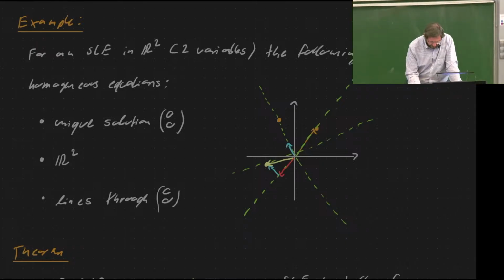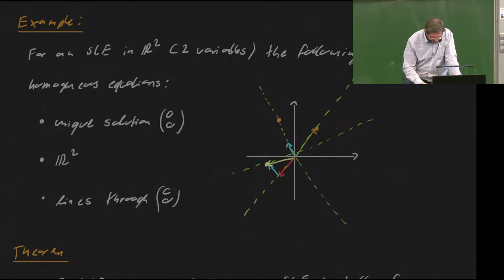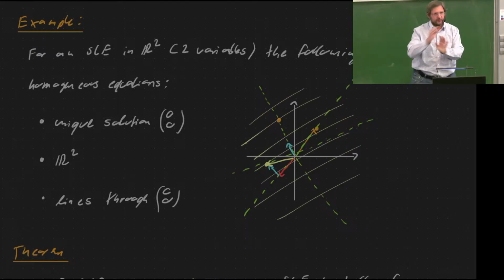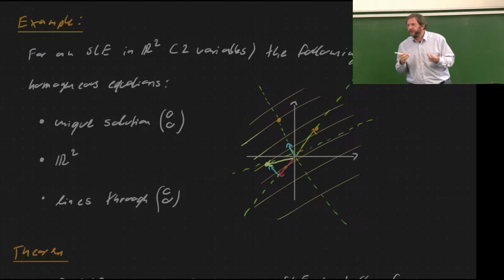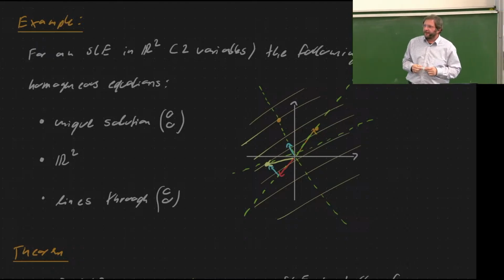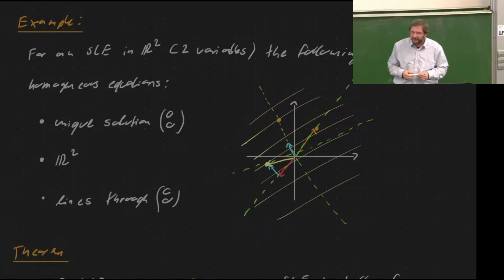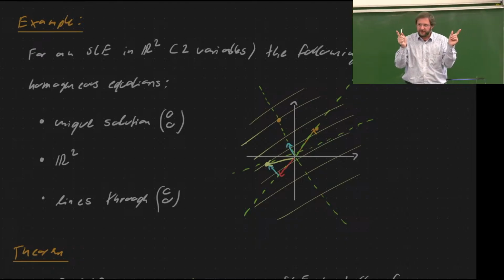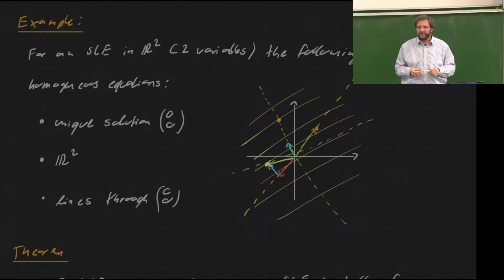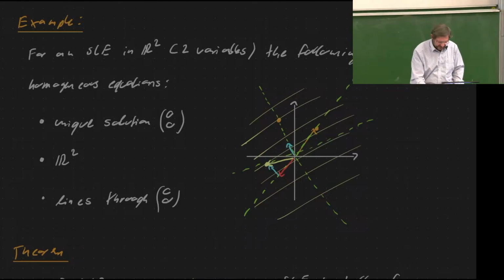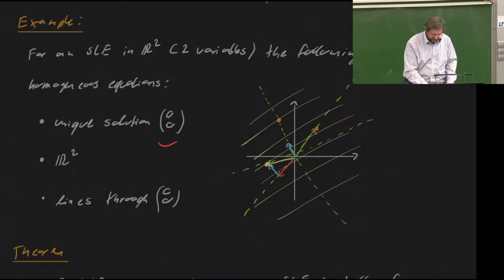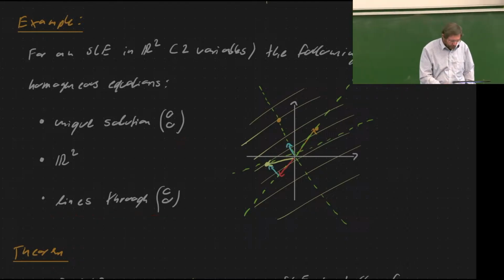And basically what I will get is anything in that plane. With those two lines, vectors on those two lines, I can reach any point in the plane. And that means if I want to include two different points, none of which is the origin, I'll end up with the whole plane. There's nothing in between, right? So that's the three possible cases. Just the origin, any line through the origin, or R2.